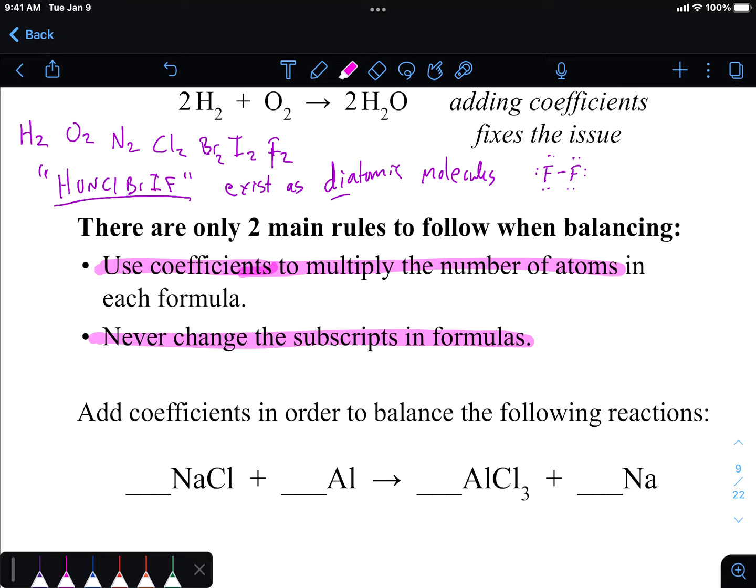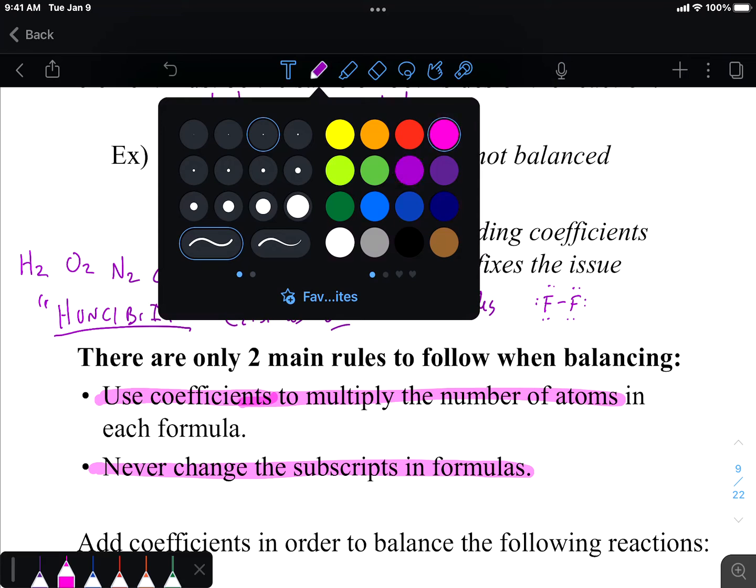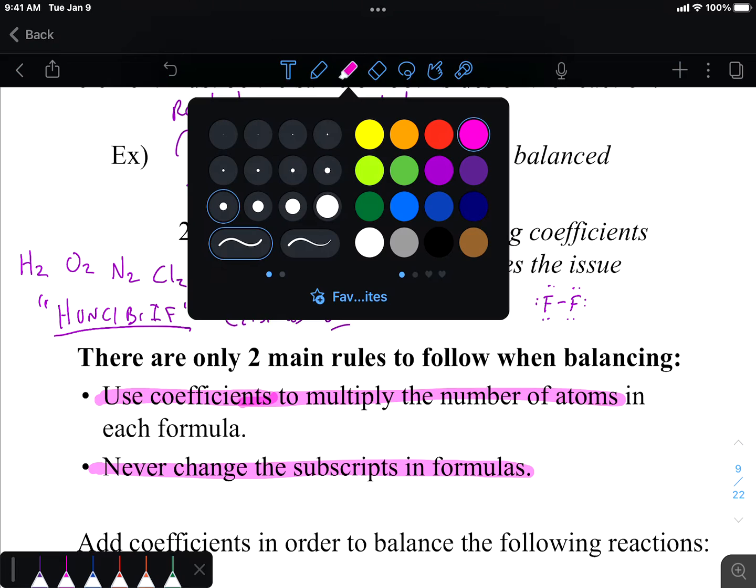So example, going back up to this reaction we just balanced, right? In order to balance this, notice how we used the coefficients here and here. All I'm doing is changing the number of times things are multiplied. Notice that what I did not do is this.